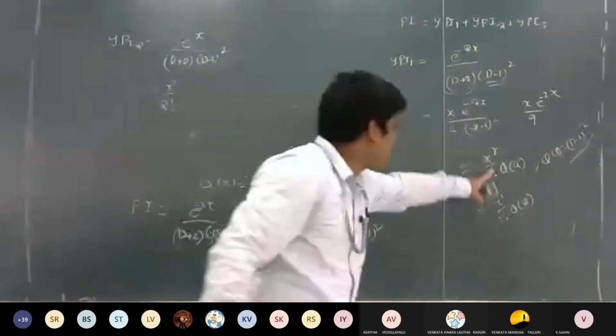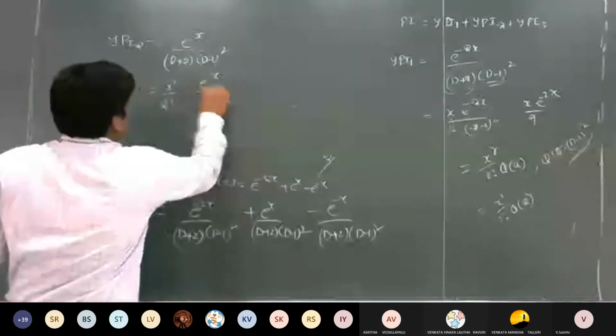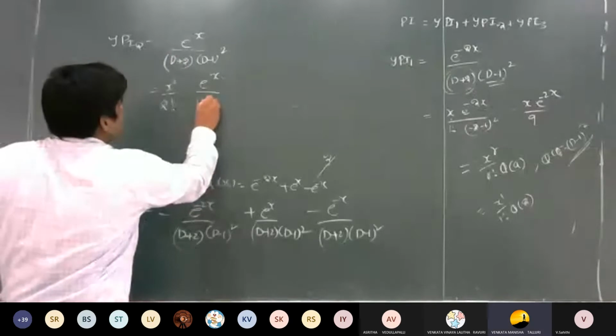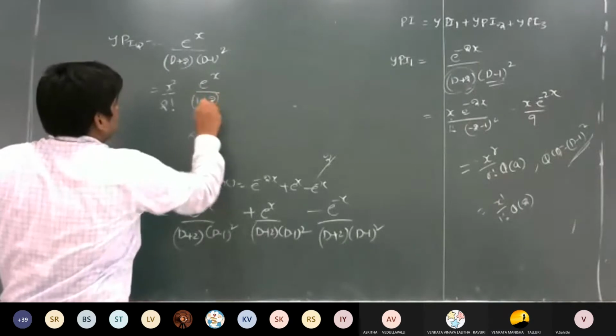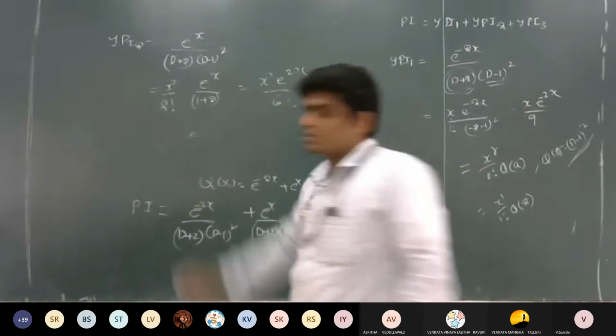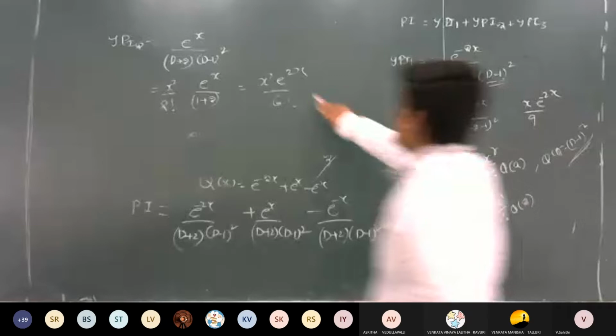Here one time, so x by 1 factorial into e power x by the non-zero factor in f of d. Replace it, sir. x square e power x by 6. Yes, very good. x square e power x by 6.